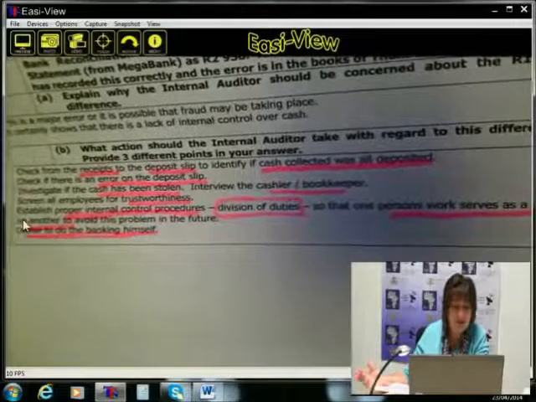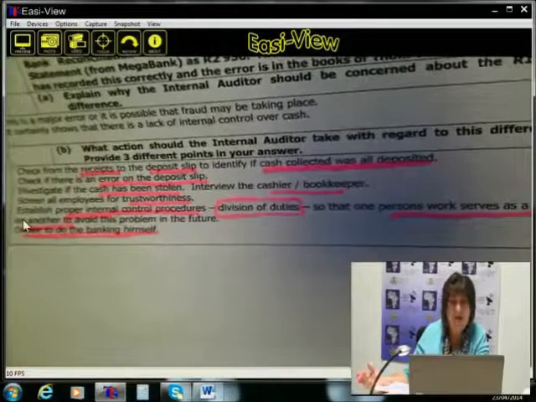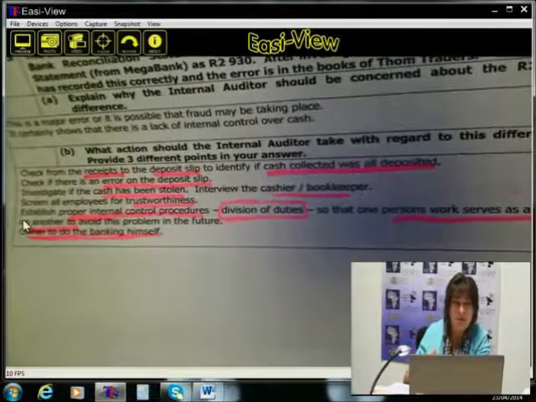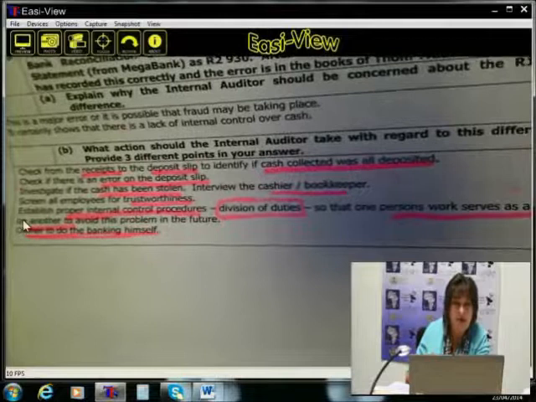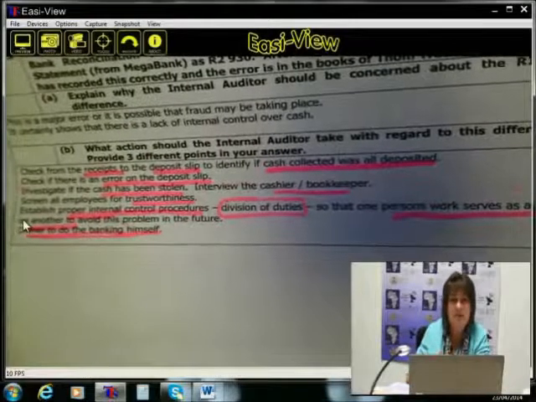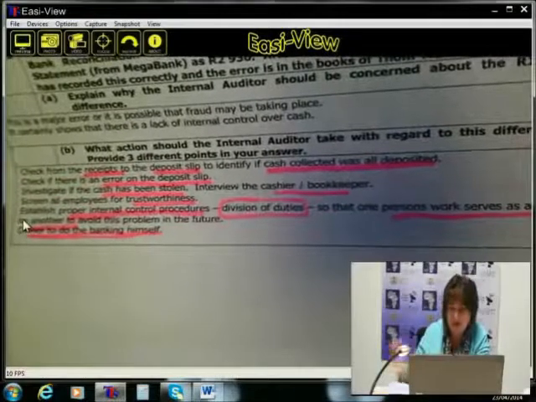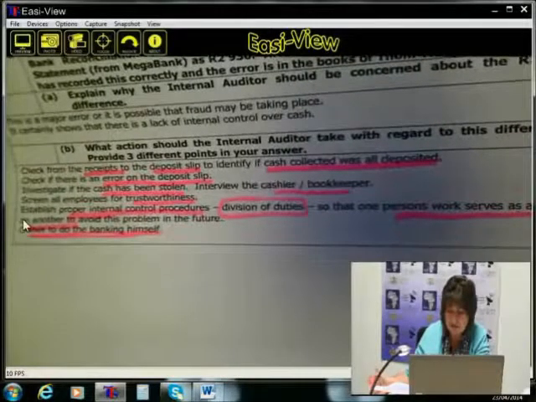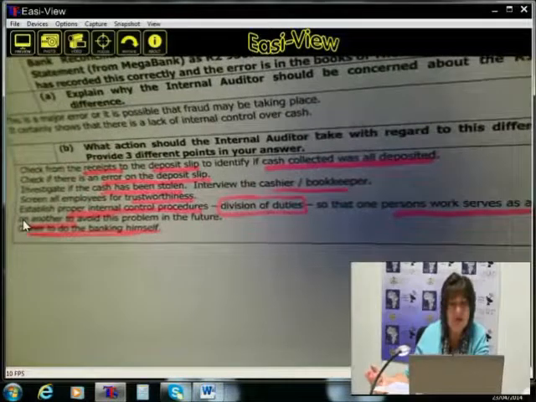Check the receipts, check the deposit slip, see, because this 10,000 rand, if it's on the deposit slip, where is it now? Okay, but remember, the bank statement was correct, so there's only an error there. Check if there's an error on the deposit slip. Investigate if the cash has been stolen.